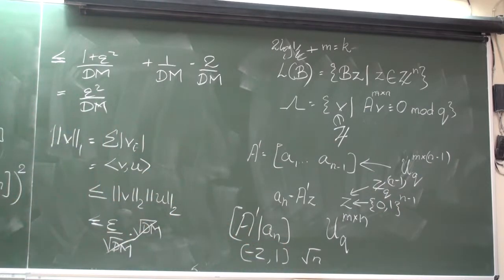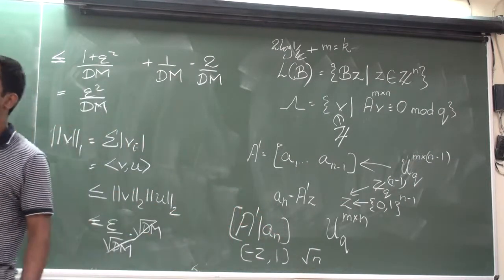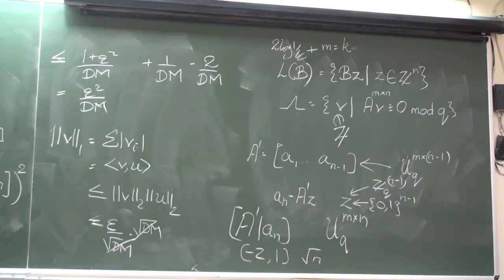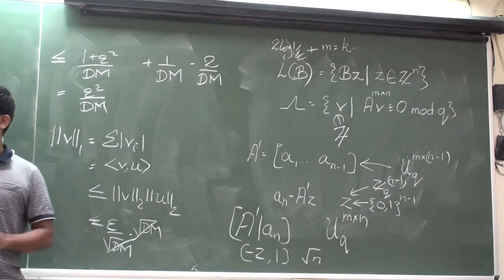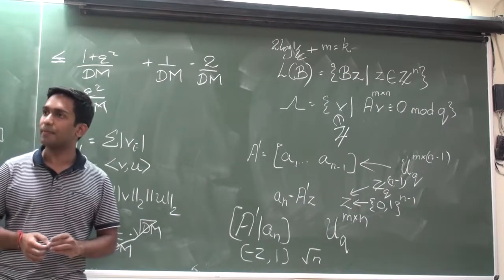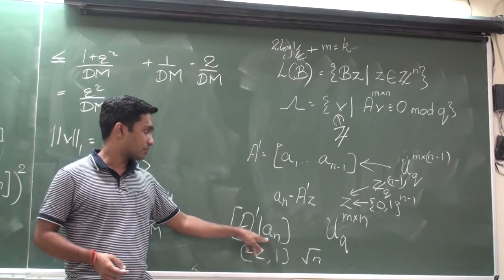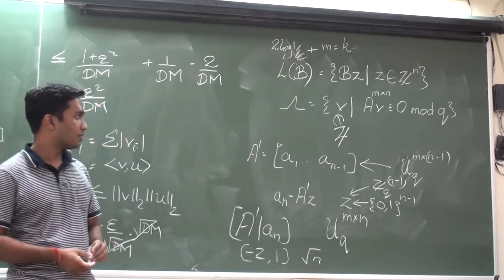So this tuple, or this big matrix, looks random. If A prime is not random, then even the whole thing is sparse.